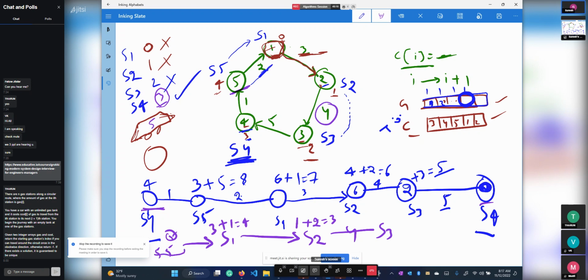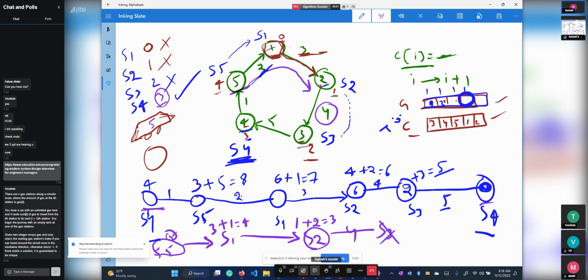So in this situation, you started at S5 and you ended up at S2. You just traveled 3 stations and you are out of gas, right? You have only 3 liters, and you need to travel 4 liters of distance, which you can't do, and the loop will break, and the starting station and the ending station are not equal.